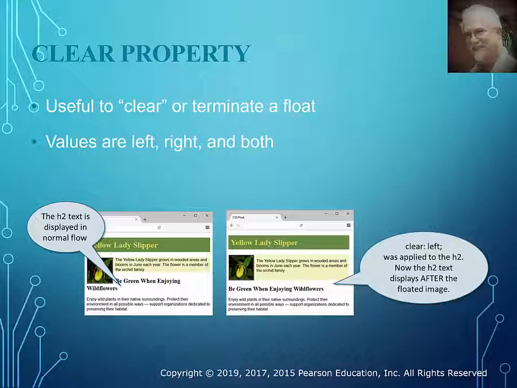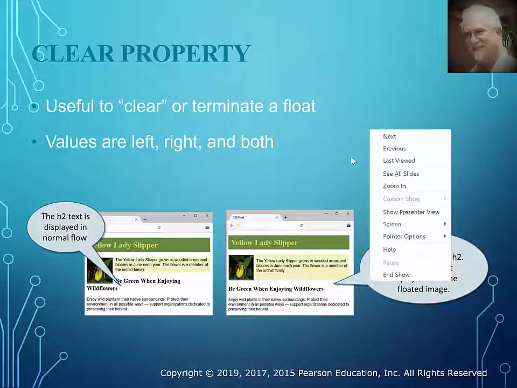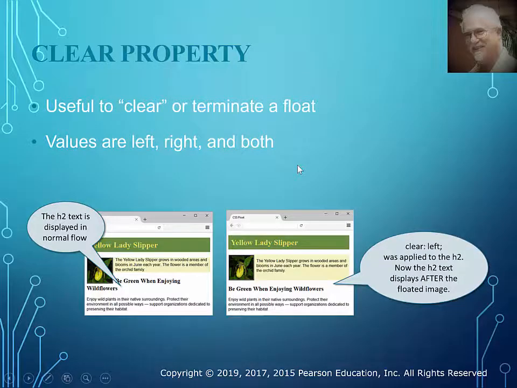So we're on the left side where it says be green when enjoying, and then the next line, wildflowers. That doesn't look very good. So if you don't want it to appear that way, of course you could put in spaces, but that's kind of humbug. Or you can just clear. It's called clear. That means clear any text or anything that's to the right here and put it down below. Very useful. I encourage you to get familiar with this.